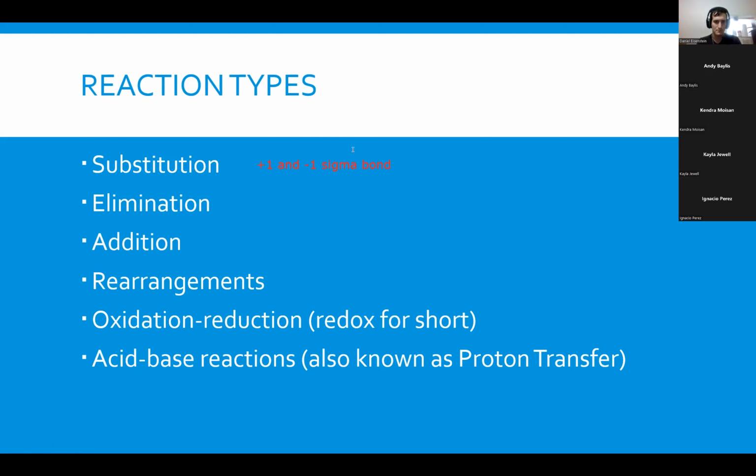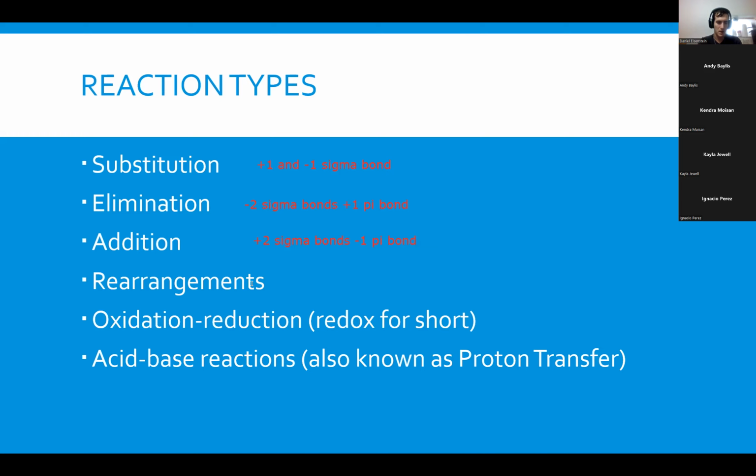Okay. In a substitution, right? We're substituting 1 bond for another. All right. In elimination, I am subtracting 2 sigma bonds and I am adding 1 pi bond. Okay. And then addition. Add 2 sigma bonds, remove 1 pi bond. Okay. Make sense?